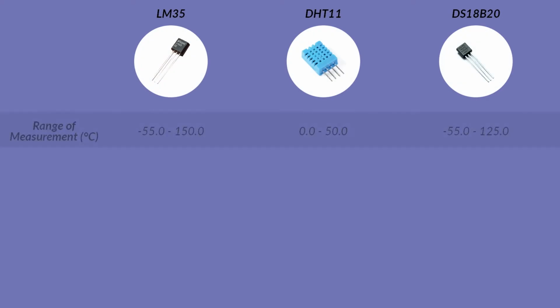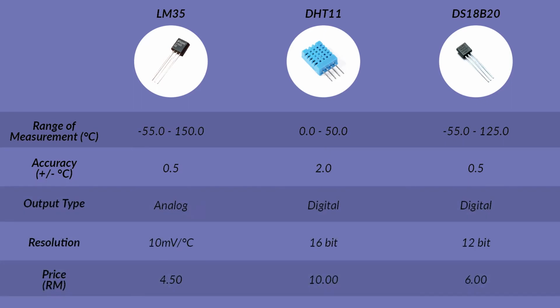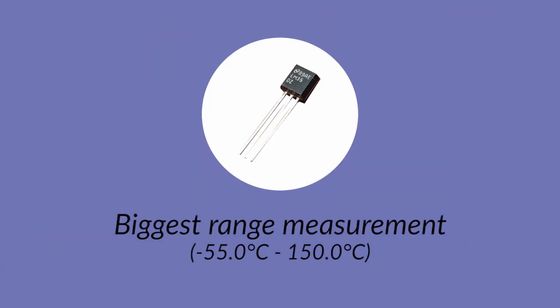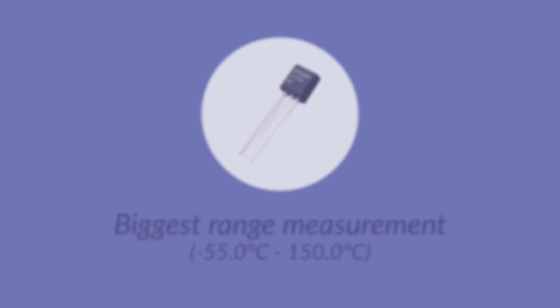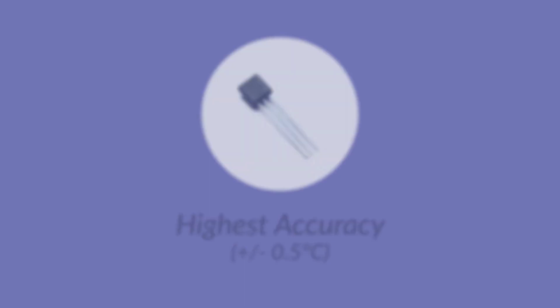Some properties of each sensor that are compared are range of measurement, accuracy, output type, resolution, and price. From the inferences studied, LM35 has the biggest range of measurement, whereas in terms of accuracy, DS18B20 has the highest accuracy.